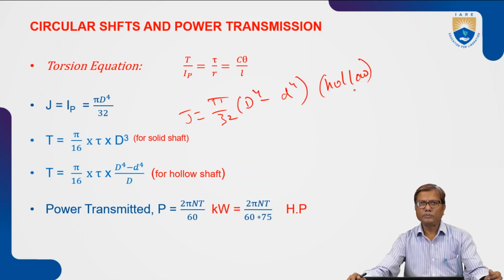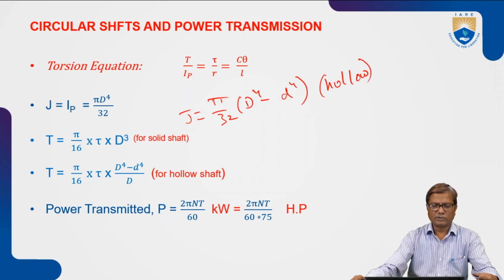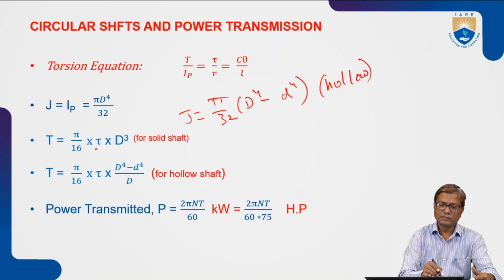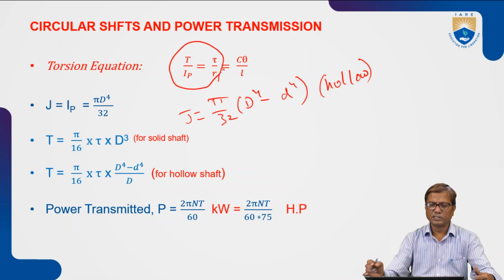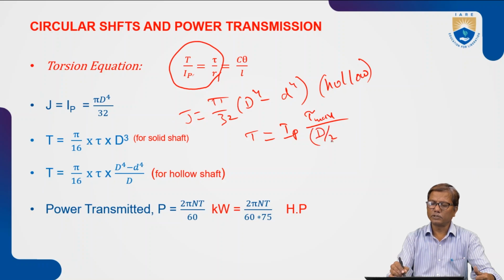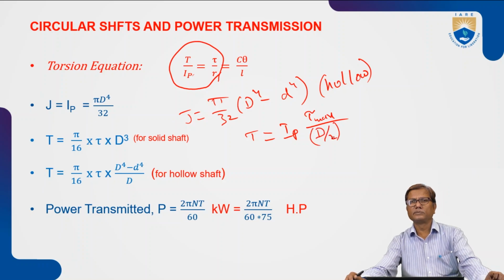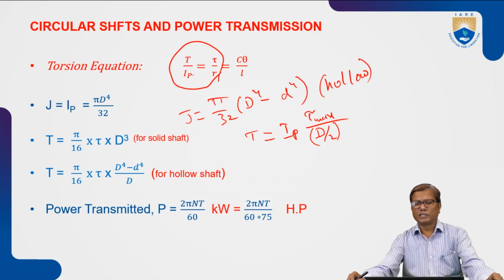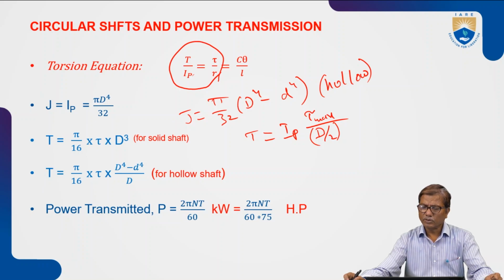Okay, and torque is given as pi by 16 tau d cubed, which is obtained from the torsion equation. T is equal to Ip into tau maximum by D by 2, where D by 2 is the maximum fiber distance from the center of the axis, the radius.